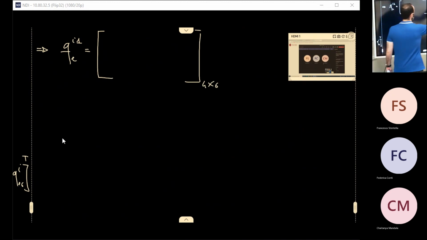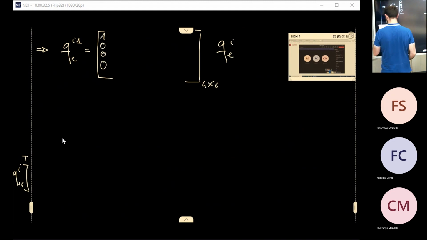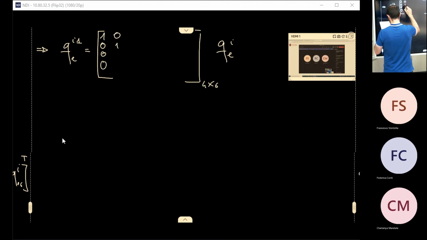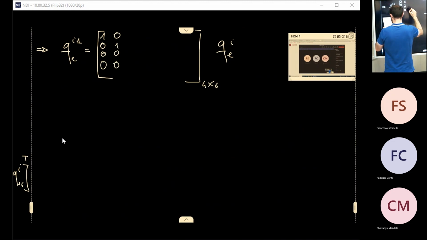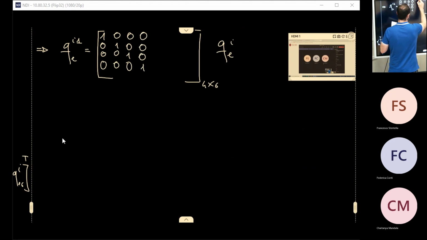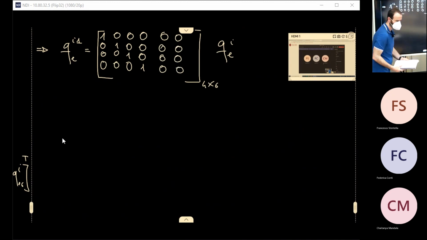So, in fact, you have 1, 0, 0, 0, 0, 1, 0, 0, 0, 0, 1, 0, 0, 0, 0, 1, and then the remaining two columns are all 0. Basically, you are just saying that the first 4 elements of this vector are equal to the whole vector of this.